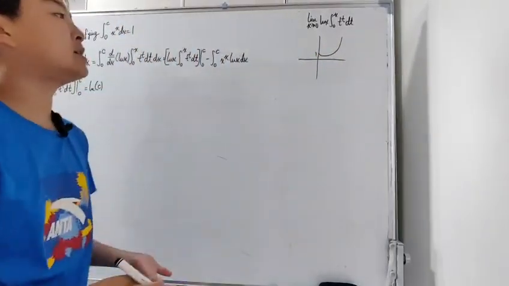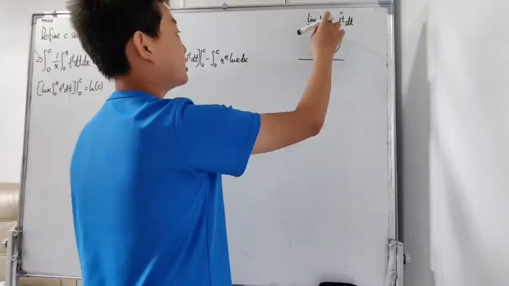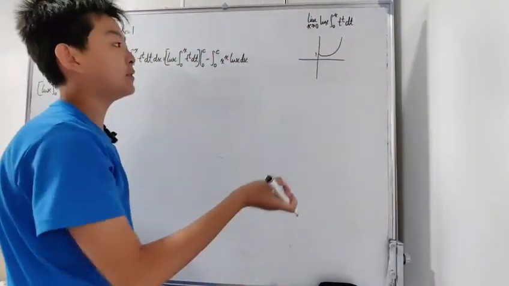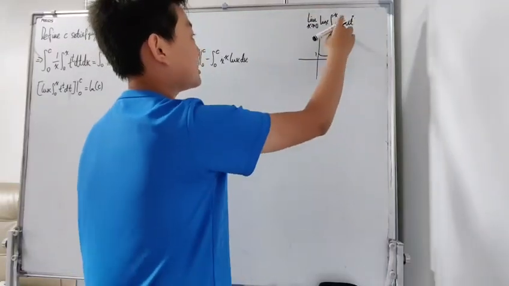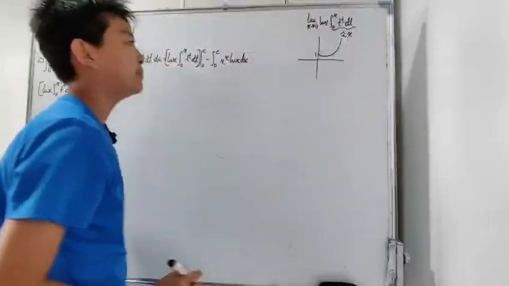Because what we're really saying is that this is the derivative of this function. So as x approaches 0, the derivative is going to be approximately 1. So essentially, when x is small, this is approximately equal to just x.